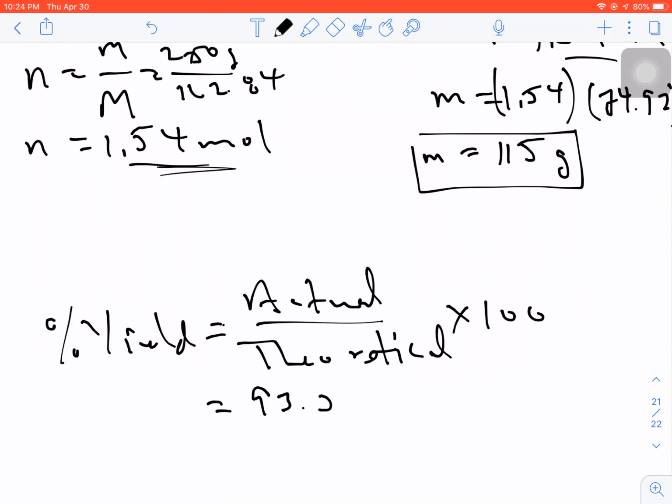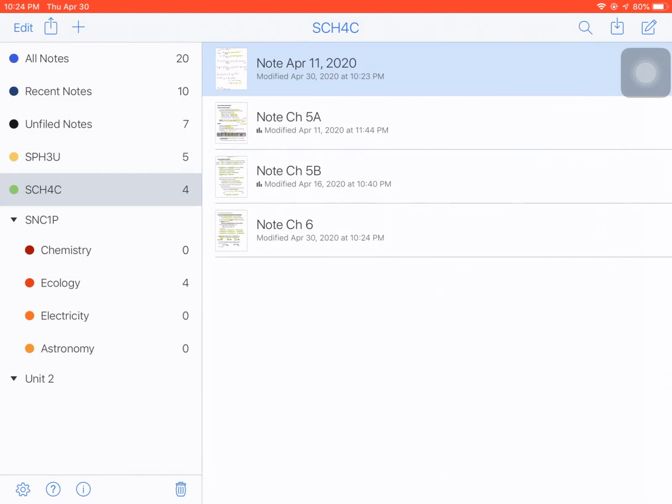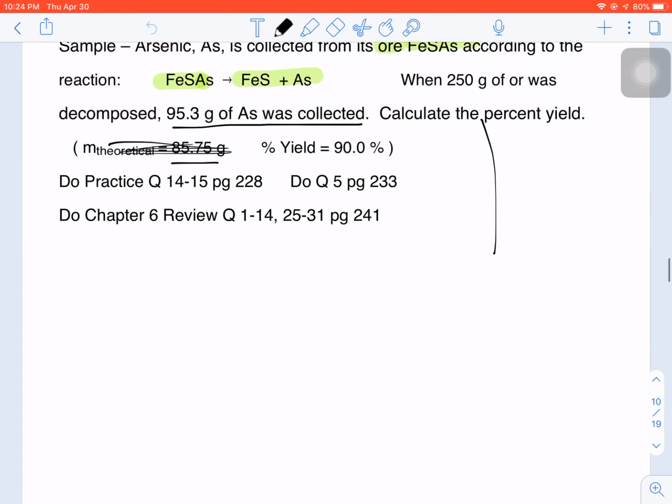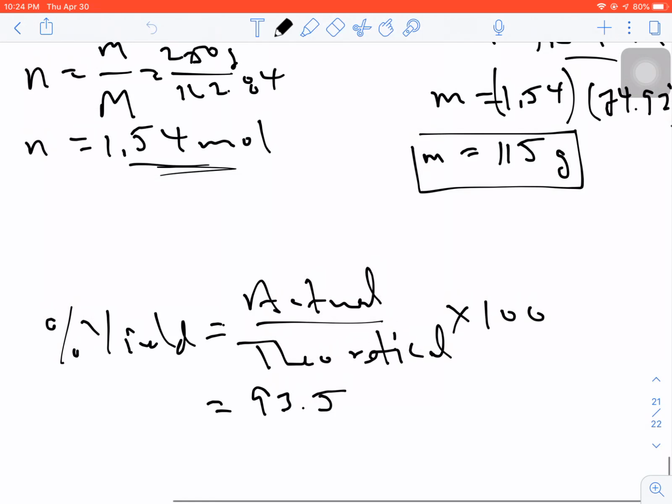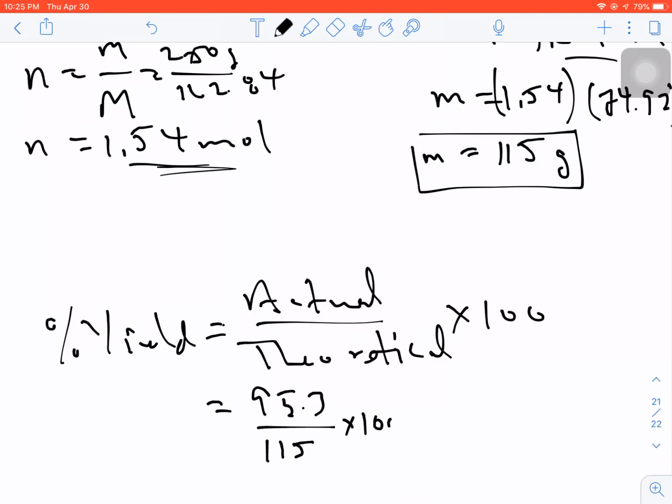I think it was 93.5 grams actually. I should be writing this down. 95.3 grams is the amount that I actually recovered, divided by what I was expecting, which was 115 grams, times 100, and I can figure out my percent yield.